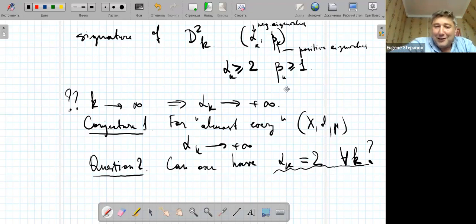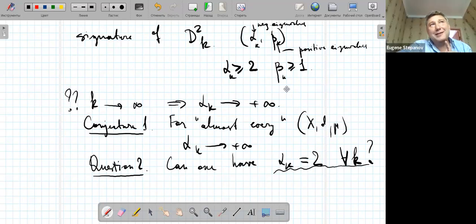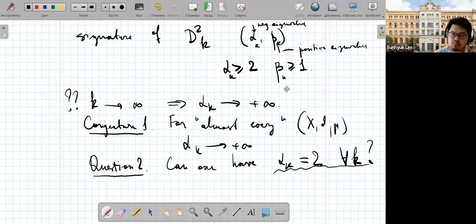The question is, can you show this rigorously that for almost every, you of course have to discuss what is almost every. Because there is one more curious thing. In a certain sense, almost every metric space, if you forget about the measure, is a Urysohn universal space, in the following sense.